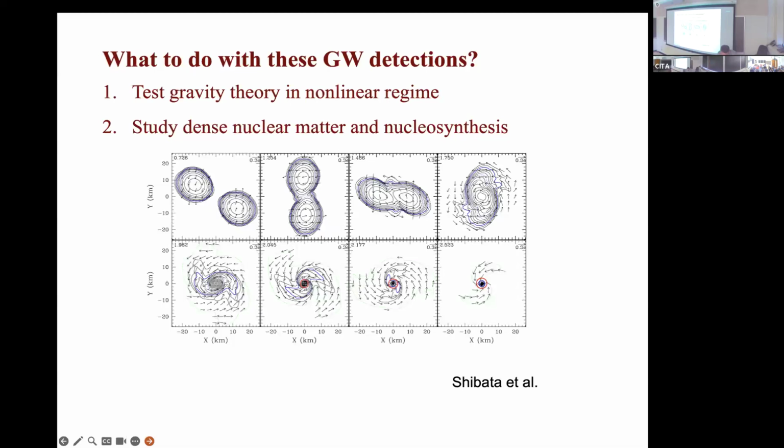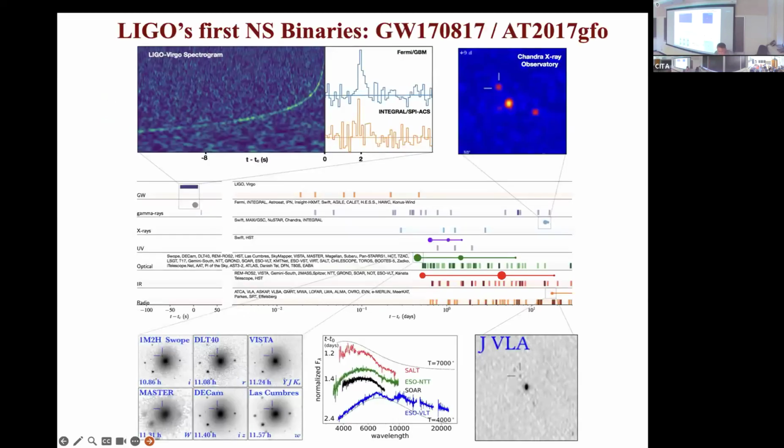When two neutron stars collide with each other, there is a lot of dense nuclear matter physics involved. Before the merger, you have tidal effects that can affect the waveform. After the merger, you may have interesting things affecting the merger signal. You can also study nucleosynthesis, because they produce r-process elements that can power the electromagnetic radiation that has been observed in this famous event.